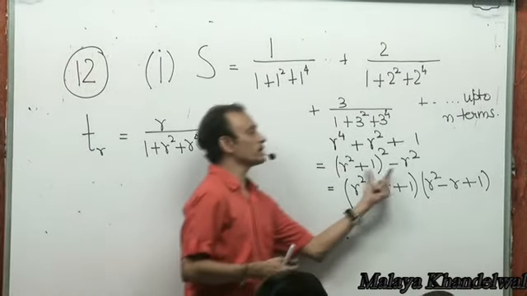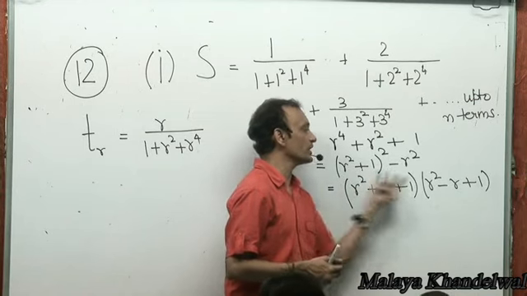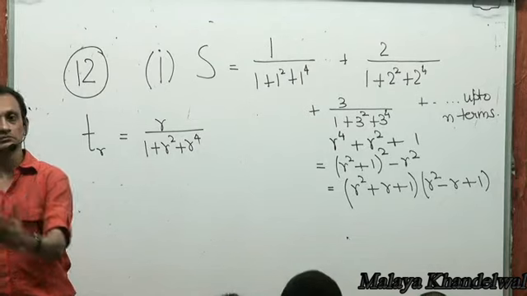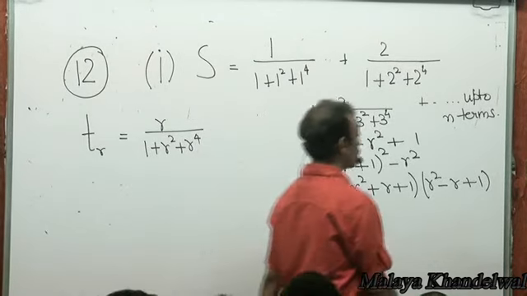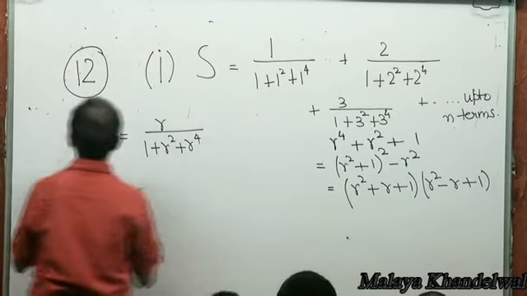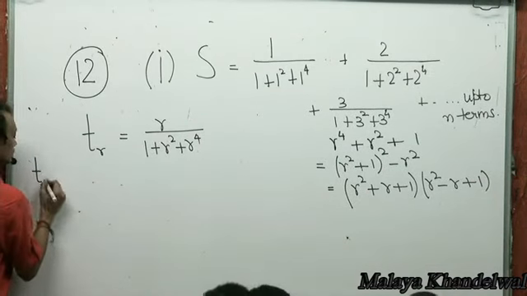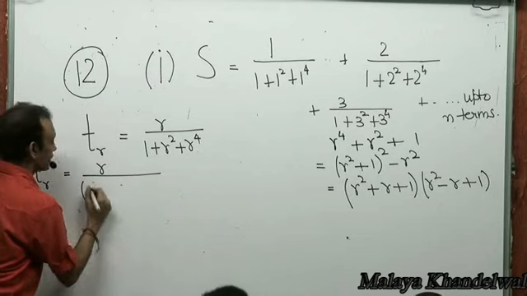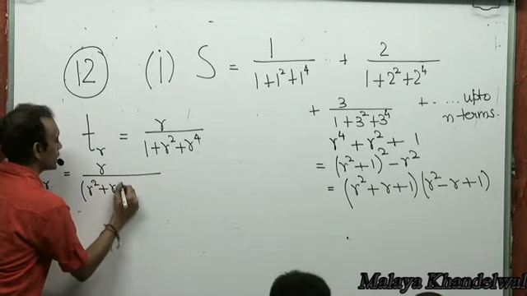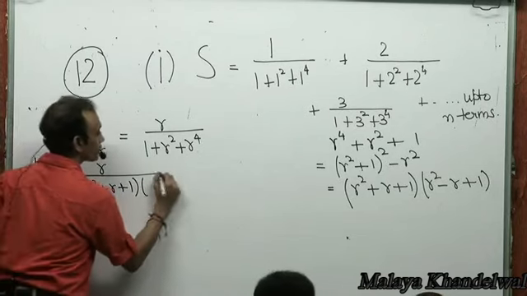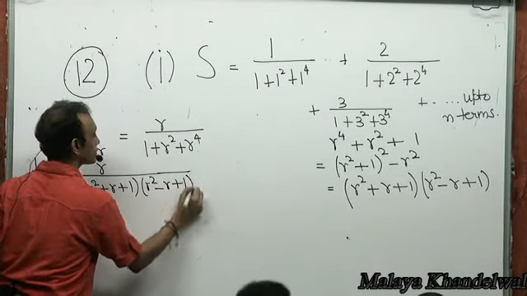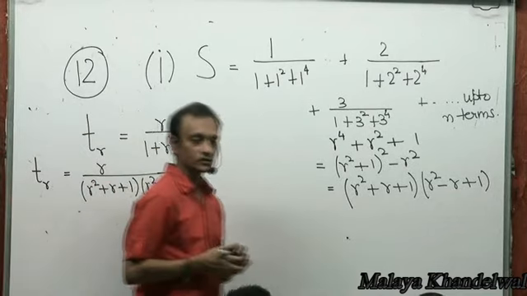Isn't it? A squared minus b squared, a plus b into a minus b. This is what happens. Which means now this expression TR could be written as r divided by r squared plus r plus 1 into r squared minus r plus 1. Yes or no?